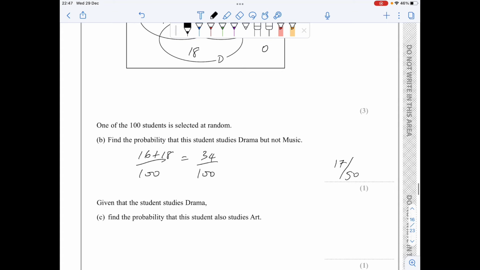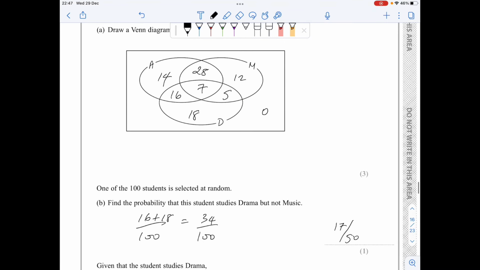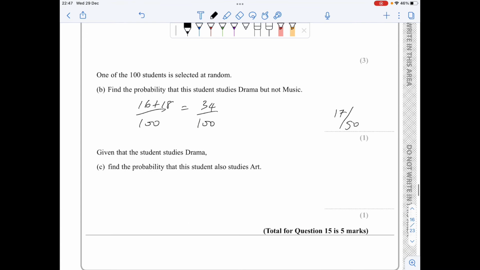Now, for part C, it says that given that the student studies drama, it means it's one of those 4 regions. So my denominator will be equal to 16 plus 7 plus 5 plus 18, which is 46.